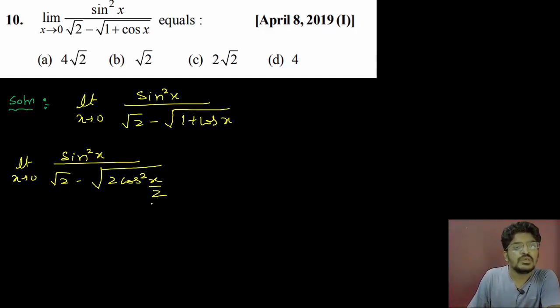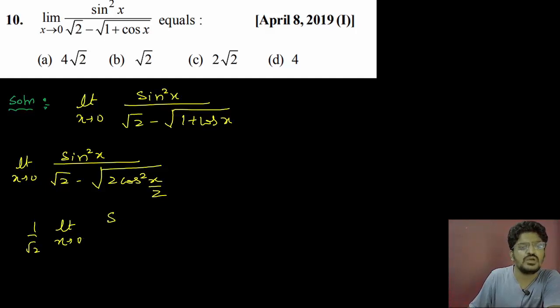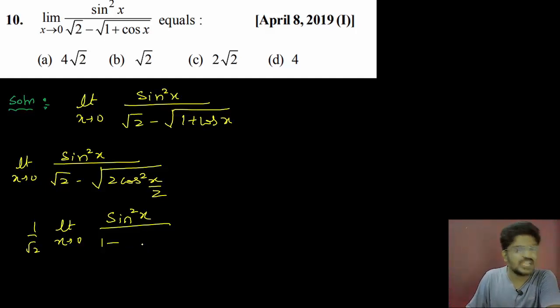Now you just take root 2 as a common term, so that 1 by root 2 will get out of your limits. So limit extending to 0, here it will be sin square x divided by 1 minus root of cos square x by 2, which is what? That will be cos of x by 2.